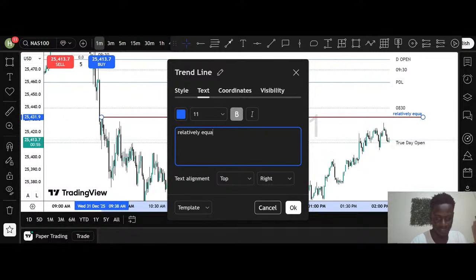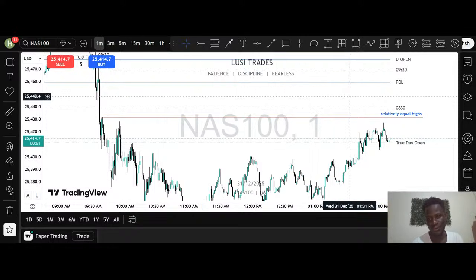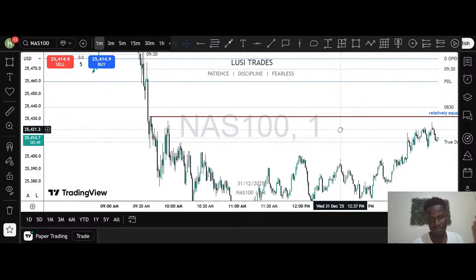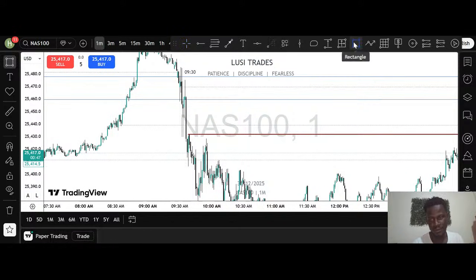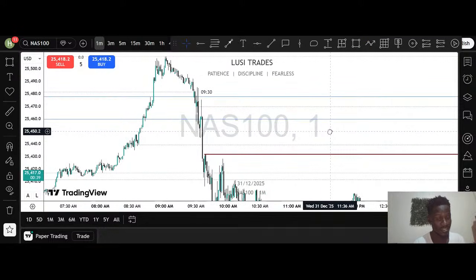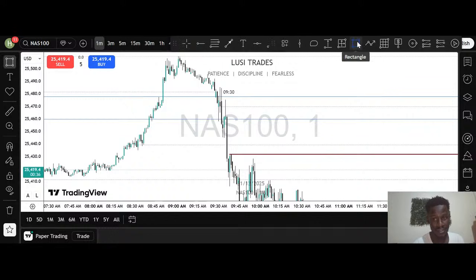So what happens is that on the 5 minutes you did see I did mark that, but then I think there is no need. So let me just mark the first presented fair value gap, because that's the only level that I'm now interested in.